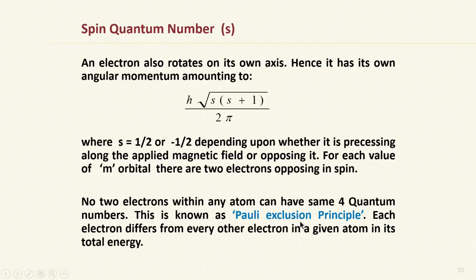So, we will describe about the spin orbital, the spin quantum number in our next class, which has something to do with the electronic spin. So, what we have described so far is how an electron in a given system can be defined individually.